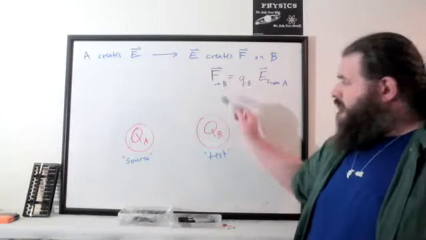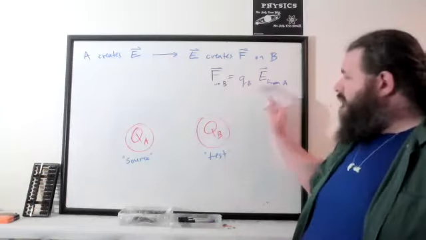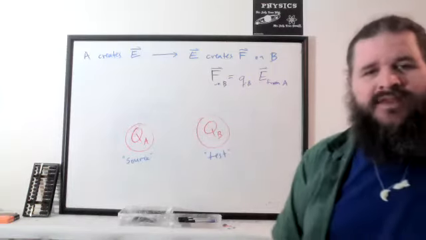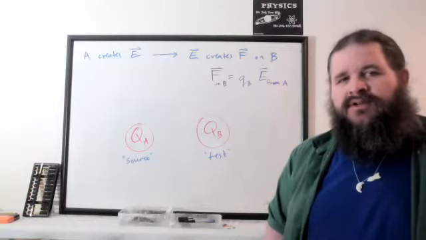And then to find the force that object B experiences, we take the electric field that A creates and multiply it by the charge of object B, the test object. Any questions on that so far?